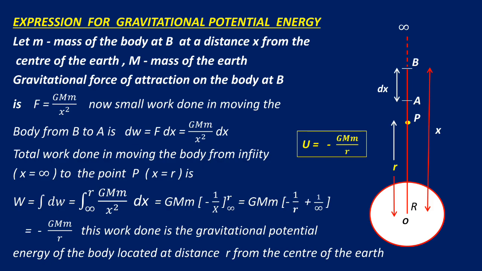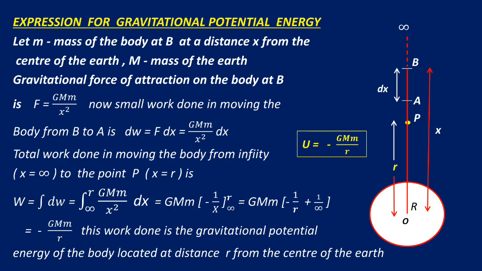Now the gravitational force of attraction on the body at B is given by F equal to G Mm by x square, since the body of mass small m is at a distance x from the center of the earth. Now small work done in moving the body from B to A is given by dW equal to F dx. F is replaced by G Mm by x square. So dW equal to G Mm by x square dx.